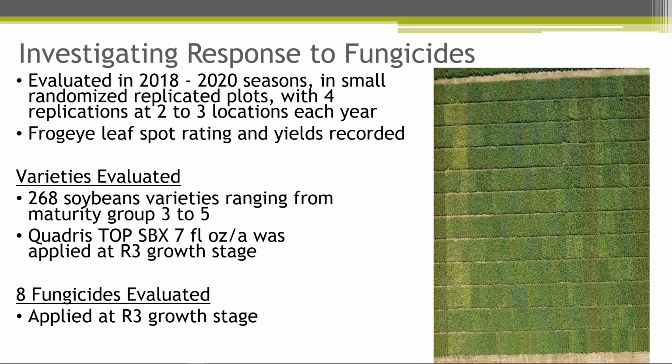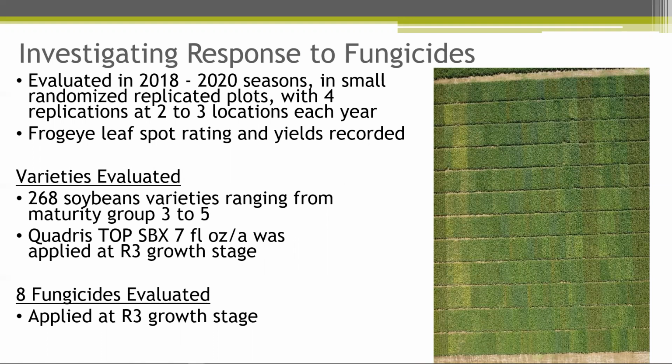For the first trial, which is our variety evaluation, 268 different soybean varieties were evaluated, ranging from maturity group 3 to group 5. Across these trials, Quadris Top SBX was applied at 7 fluid ounces per acre at growth stage R3. The other trial was our fungicide evaluation trial, where 8 different fungicides were evaluated, all applied at growth stage R3.